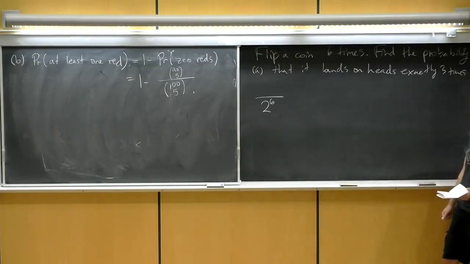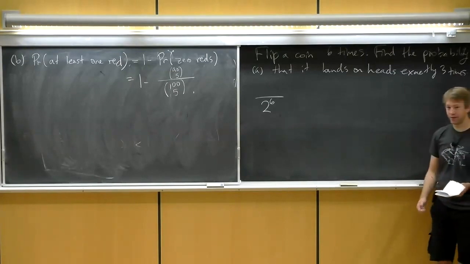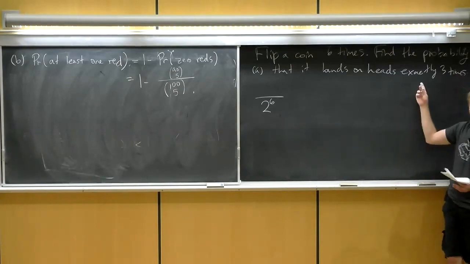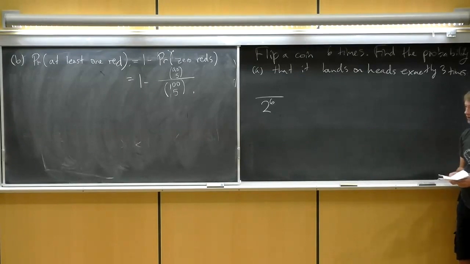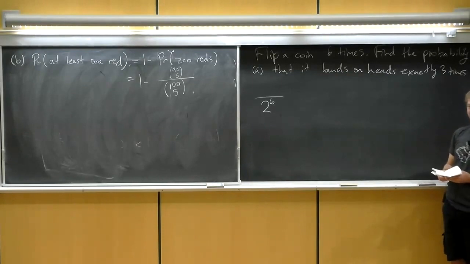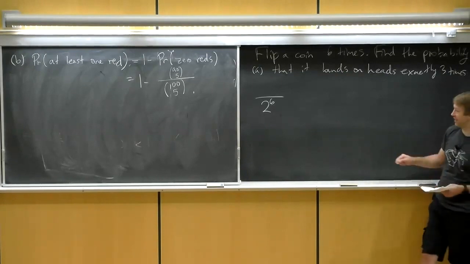How many different ways can it land on heads 3 times? So what's the size of this event? So outcomes where it lands on heads 3 times. It's going to involve a 6, for sure. 6 choose 3, yeah.